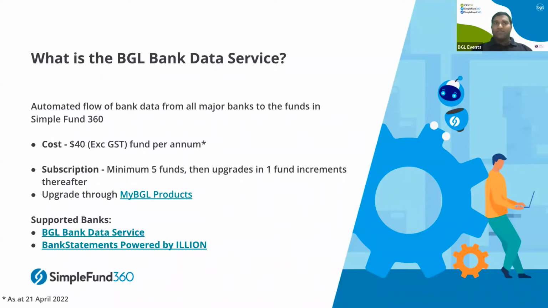So it's really important to maximize that efficiency with your bank accounts and clients, and consider which ones require the bank feeds to be flowing through into Simple Fund 360. The first thing is looking at which bank accounts the client has and double checking that they are supported. But as I said, unlimited bank accounts and unlimited transactions. It doesn't matter how frequently the client processes transactions with their bank accounts. There's no limit to those.